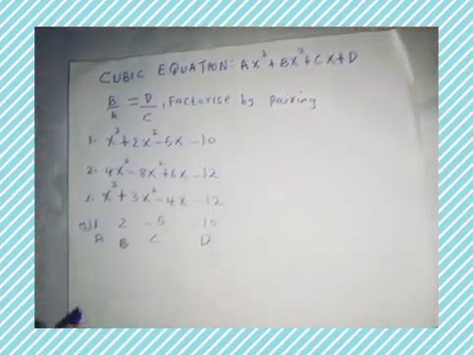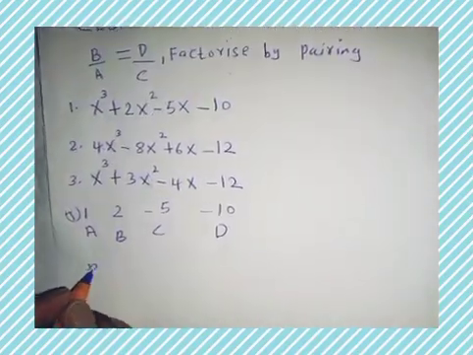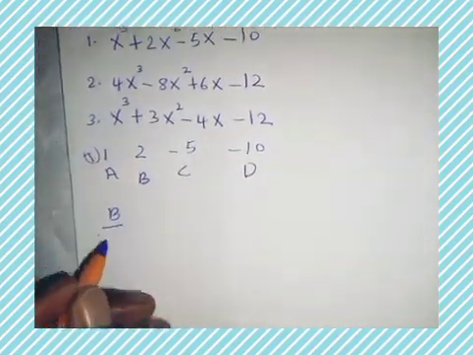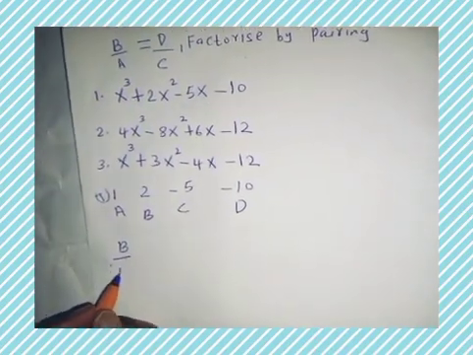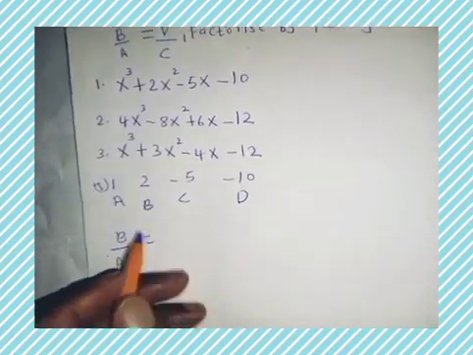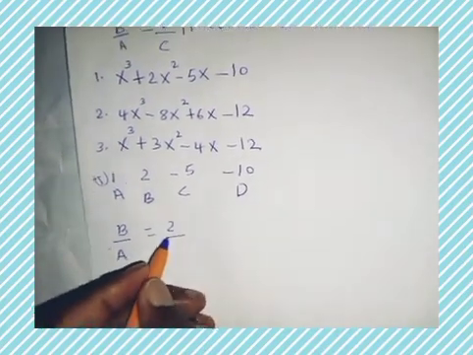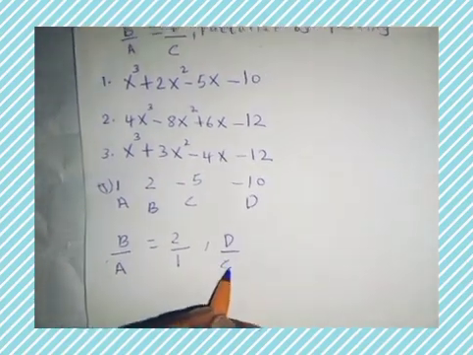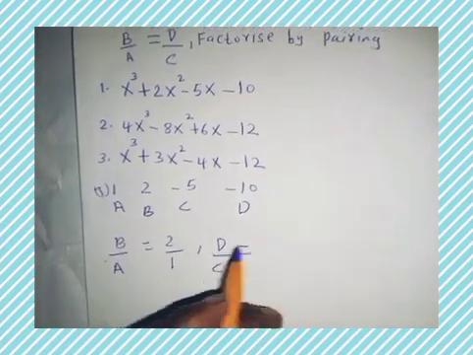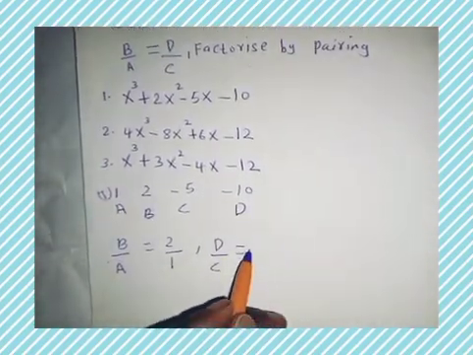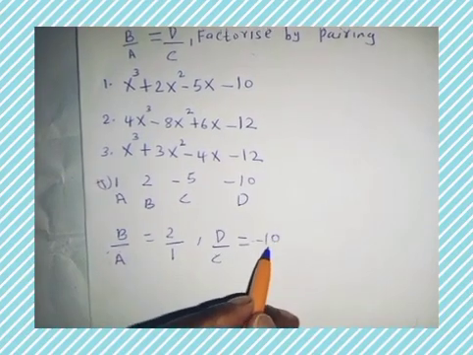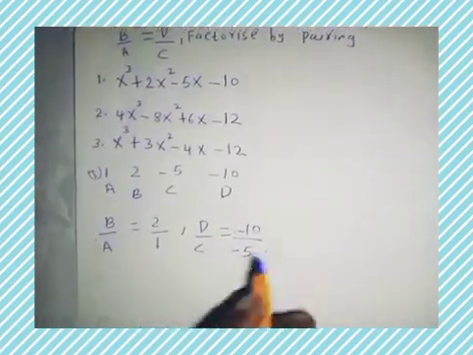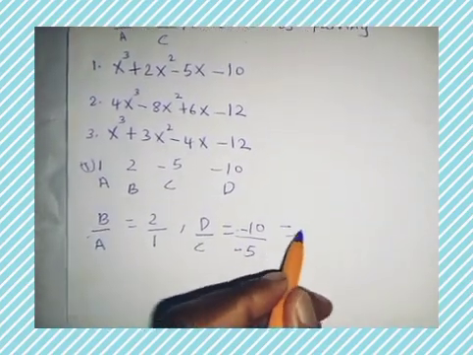So we want to get b divided by a. Our b is 2, our a is 1. Then we get d divided by c, where our d is -10 and our c is -5, which is equal to 2.